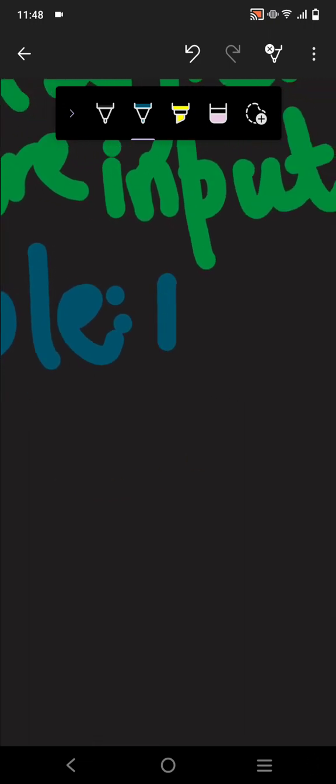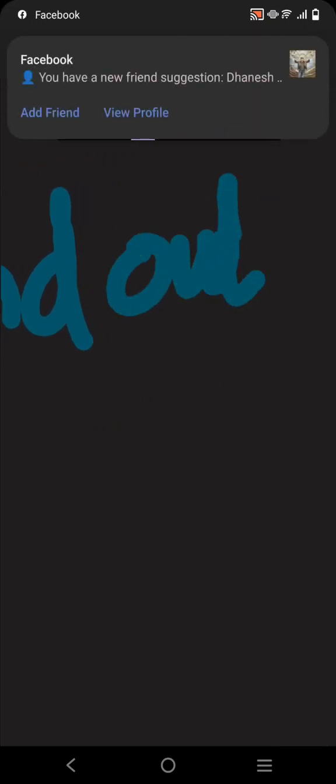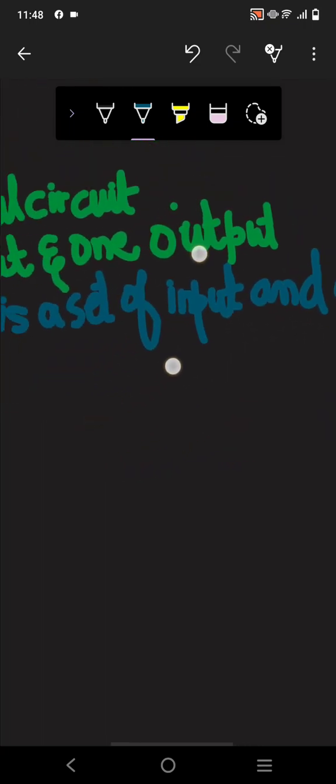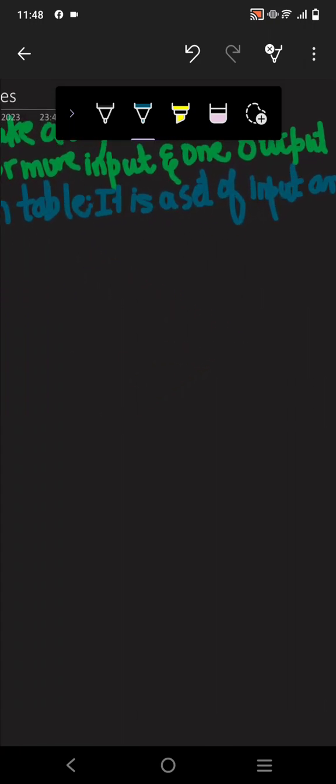Like it is a set of input and output in binary numbers. In which numbers? In binary numbers. Okay.